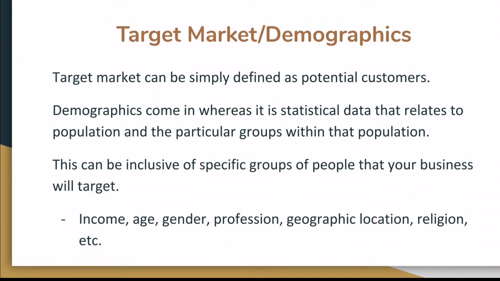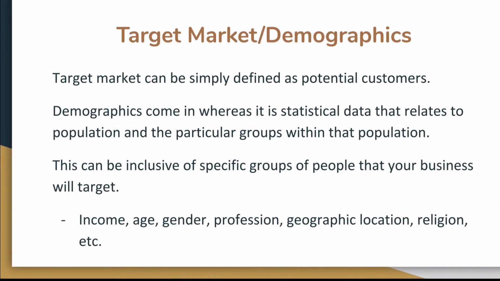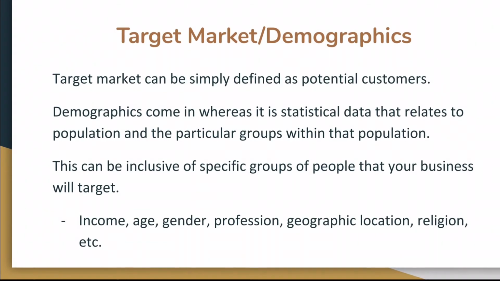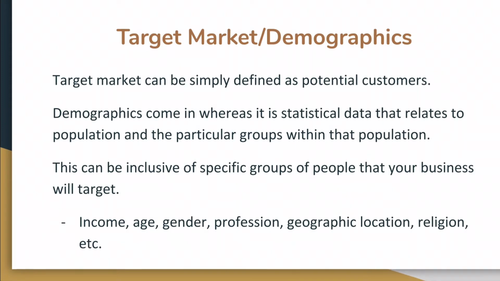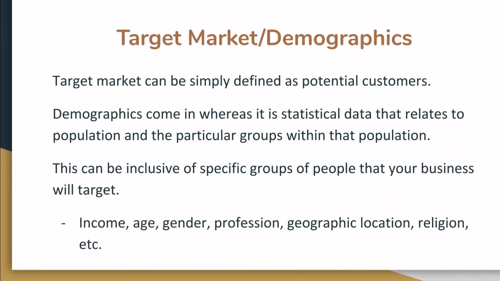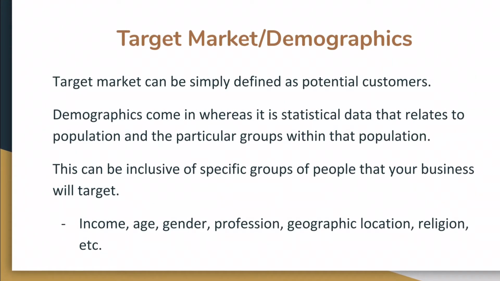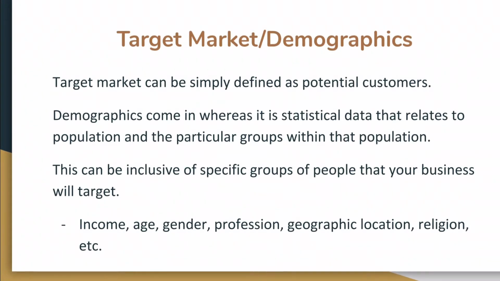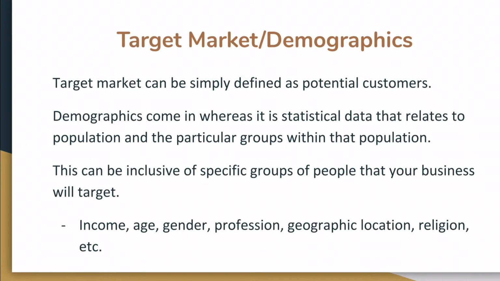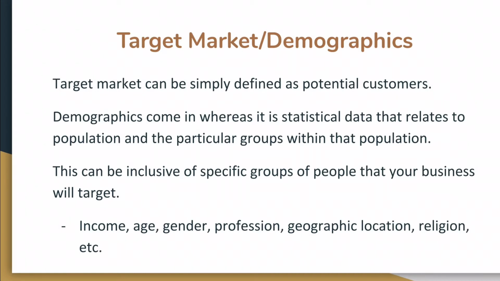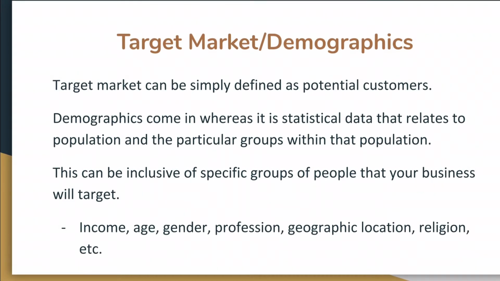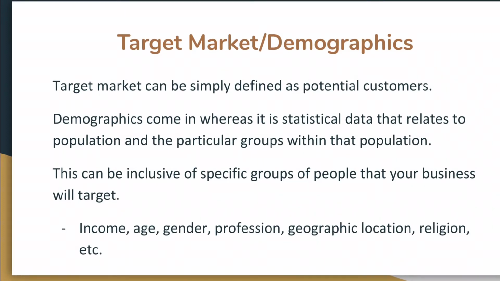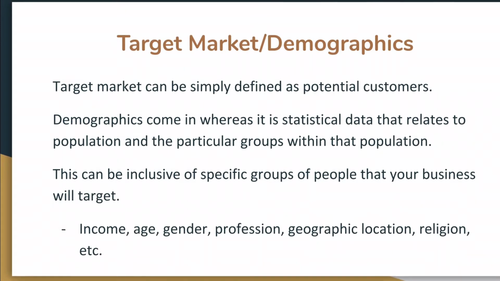It could be women, it could be men, it could be people between the ages of 18 and 34. When you define your target market, you know exactly how you're going to target that market. Once your target market is defined, you can create a specific marketing plan to go after those potential customers.